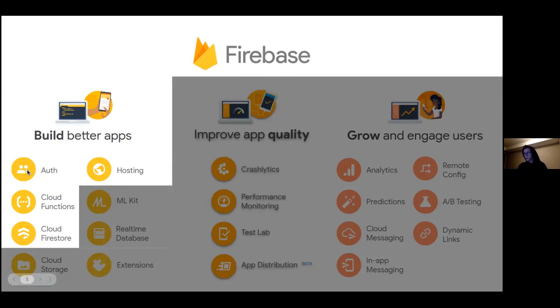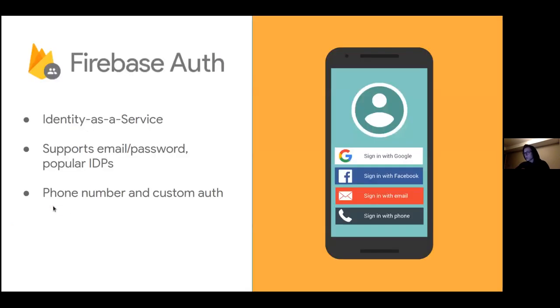Actually, this selection is not very true. It really depends on your use case. For example, if you're building an image picker or some sort of storage app, you would definitely use cloud storage. But putting that aside, the ones in these columns are actually the main services that Firebase provides. So let's talk about each of them in more detail.